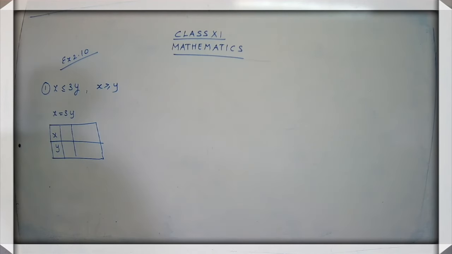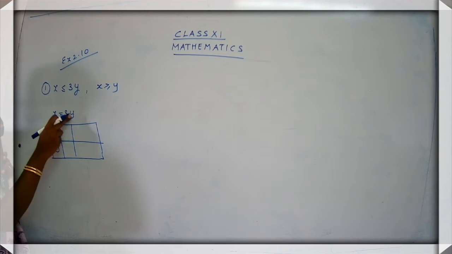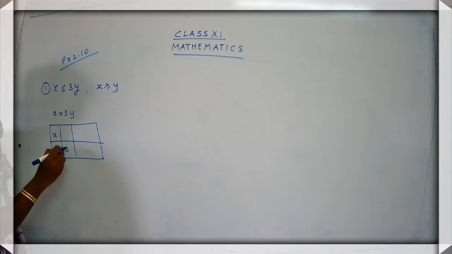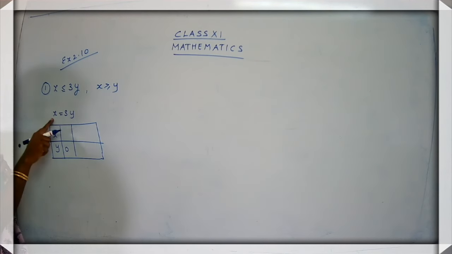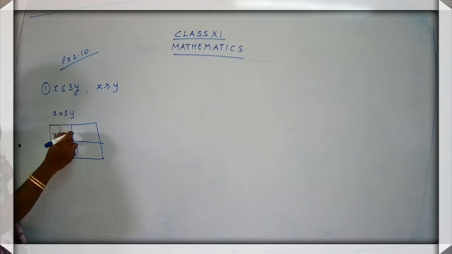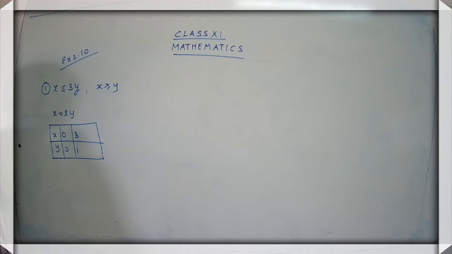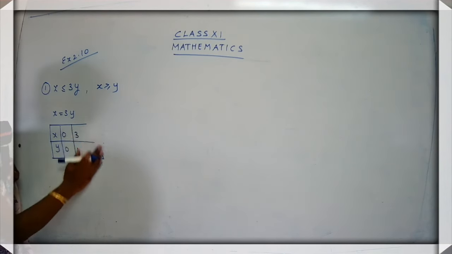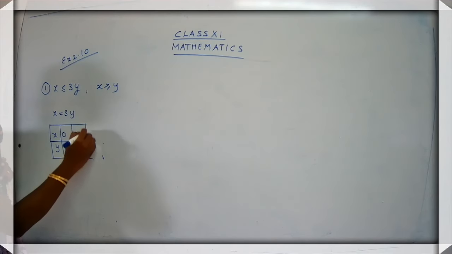What is the value of x if I take y as 0? 3 into 0 is 0. If I take y as 1, x is equal to 3. Two values are enough, so just plot the two points: (0, 0) and (3, 1).